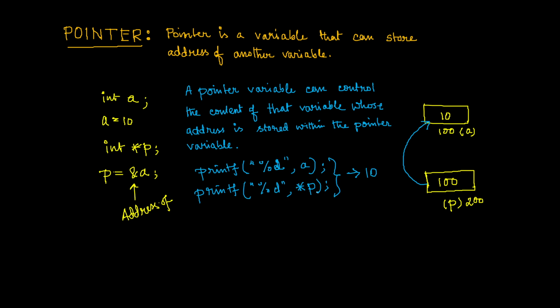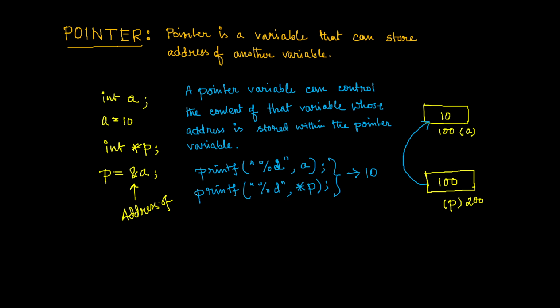This second line is very interesting. You see here I have not yet written anything related to a. I have not used the a variable directly, rather I have written pointer p. Since p is the pointer variable and p contains the address of a, that is why p can catch the value of a.